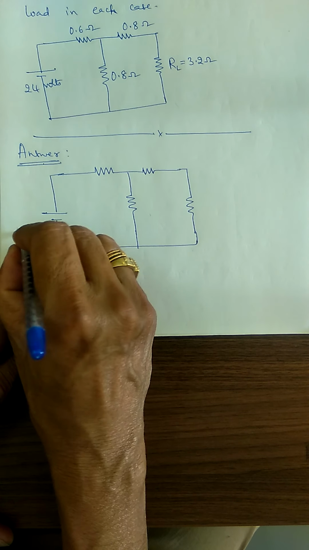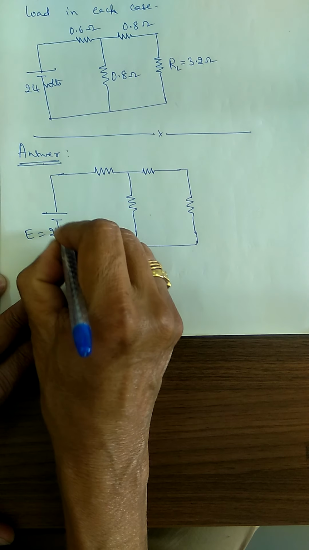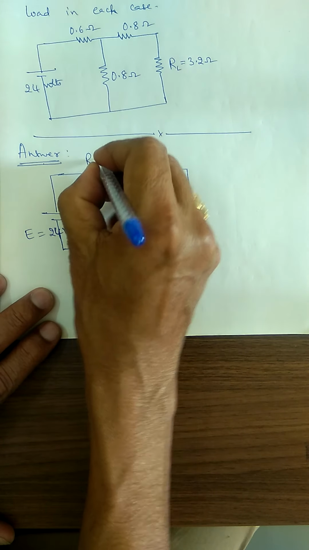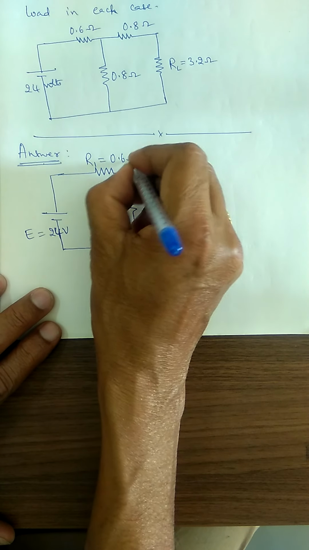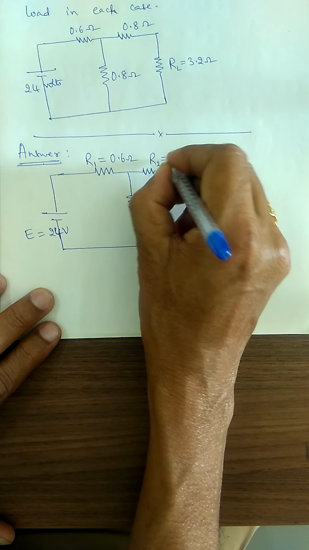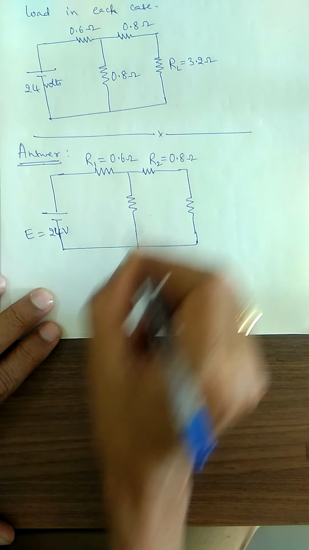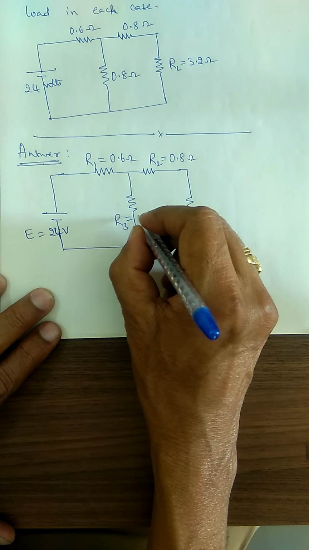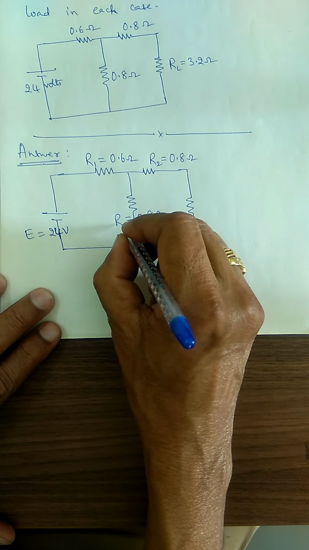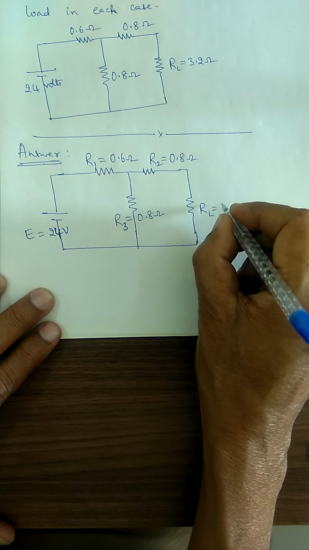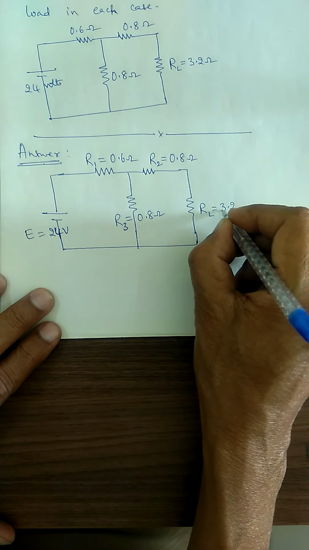This is E, 24 volts. This is R1, 0.6 ohms. This is R2, 0.8 ohms. This is R3, 0.8 ohms. This is RL, 3.2 ohms.